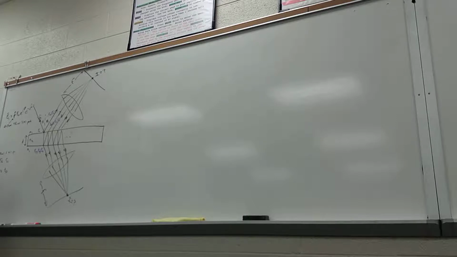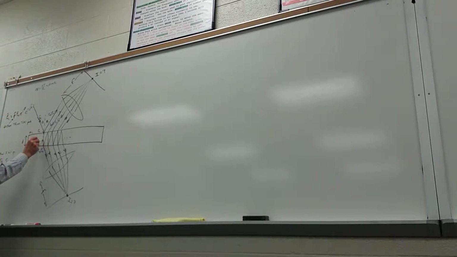Remember what the relative phase for the two-beam version of this was between that and that? We called it delta phi, 4 pi over lambda naught, n2 d cosine theta 2. Theta 2 is the refraction angle here.